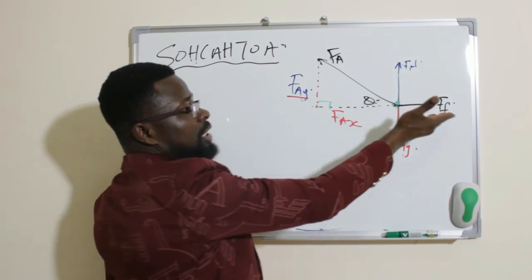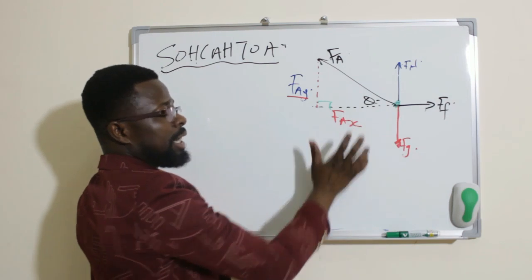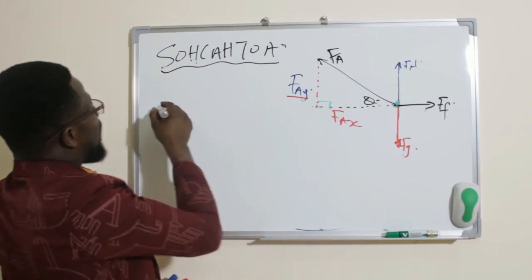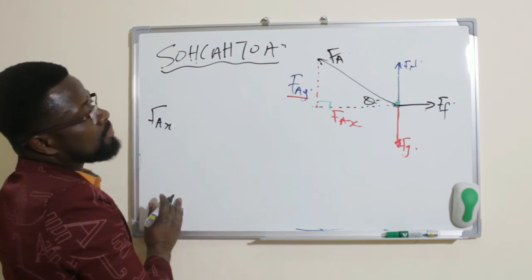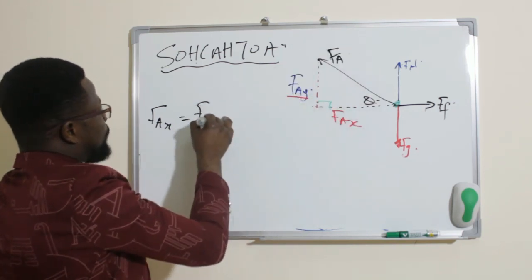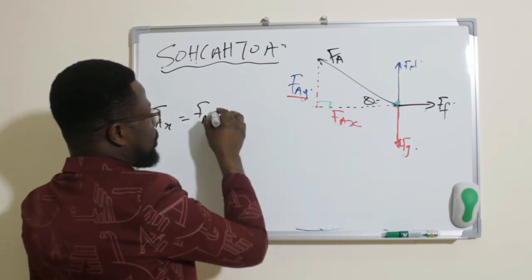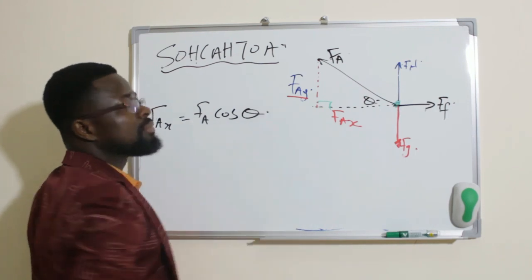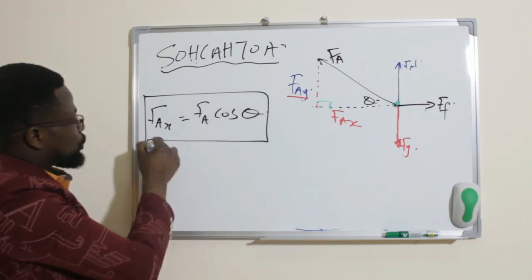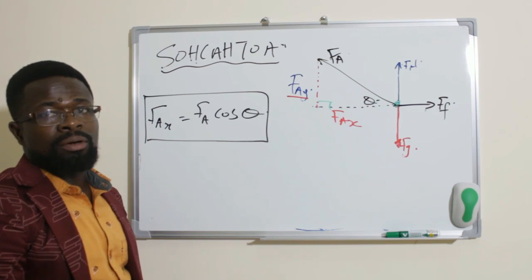So the only force that is going to keep the object moving horizontally is the frictional force and the FAX. So let's find the FAX. Our FAX is simply going to be our applied force, and you can see this is adjacent. So we're going to make use of cos theta. So which means that FAX is equals to our FA cos theta, which is very important.